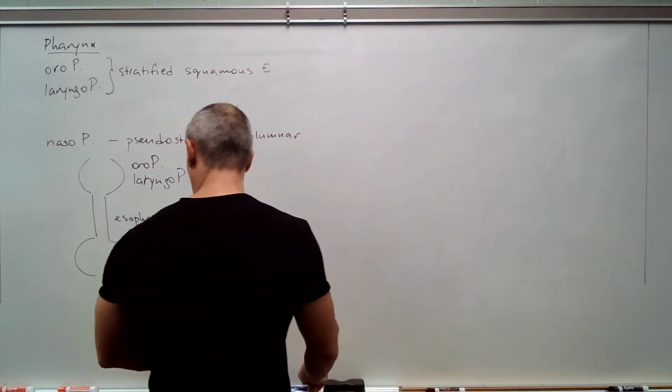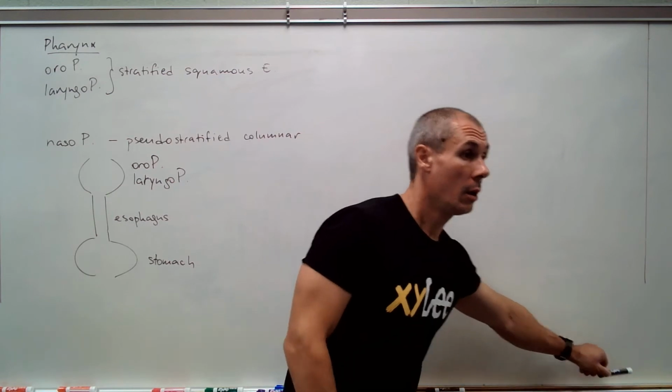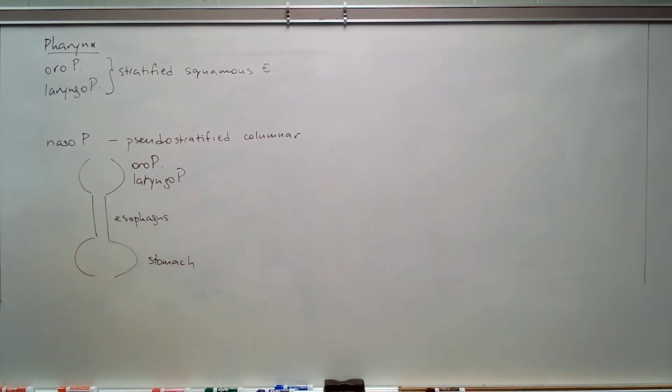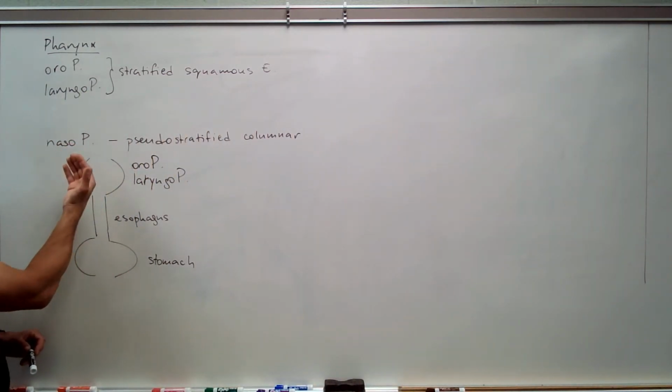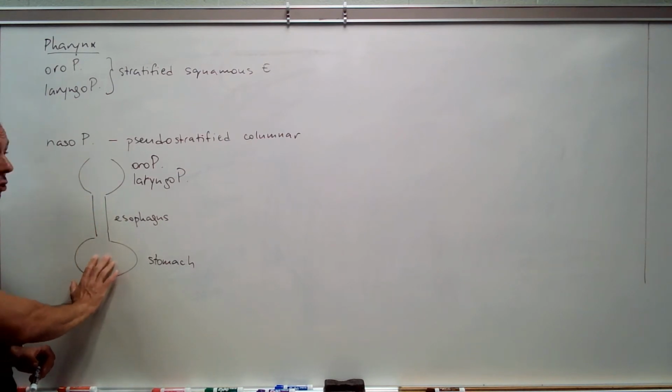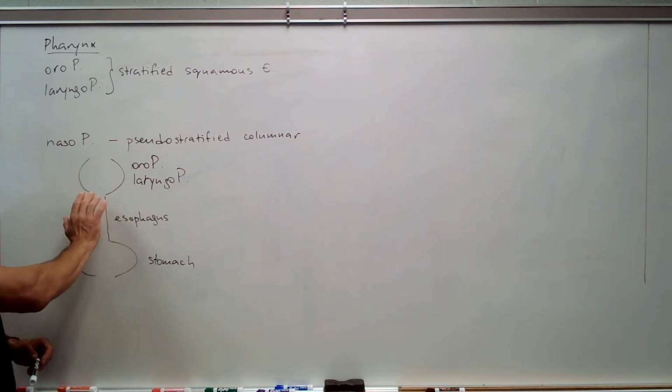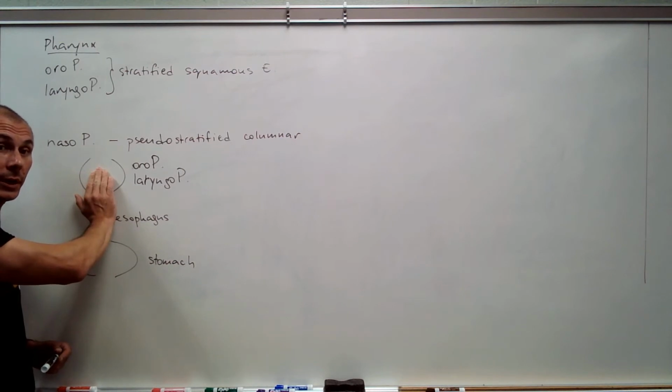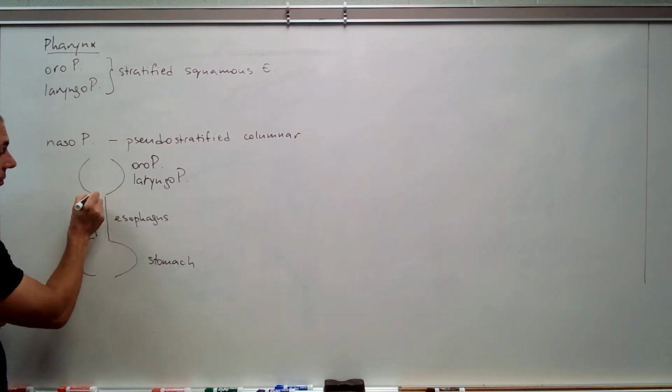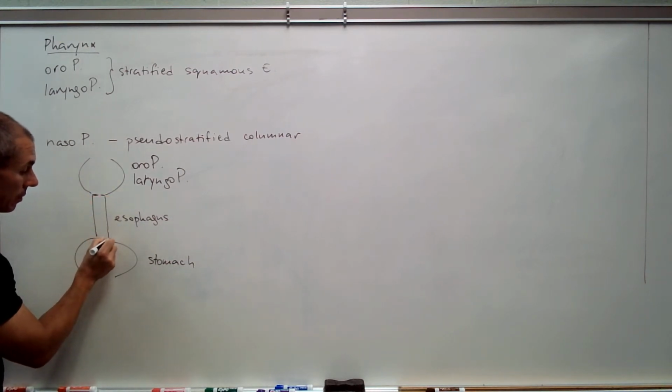So, to prevent food from going back, from going from the stomach back into the esophagus and then back into the laryngopharynx and oropharynx, there are sphincters here and here, okay?